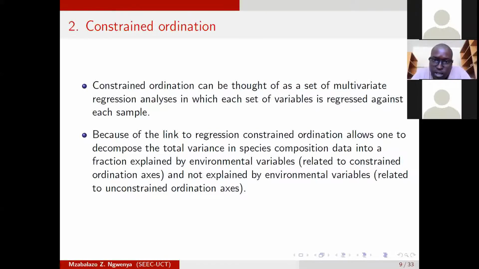So the fraction explained by environmental variables is basically our constrained ordination axis, and that one not explained by environmental variables, that would be our unconstrained ordination axis. So I think you can already appreciate that in constrained ordination, you are basically performing both unconstrained and constrained ordination in the same method.